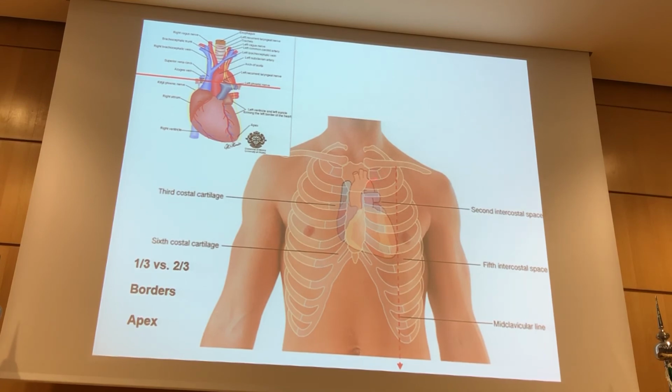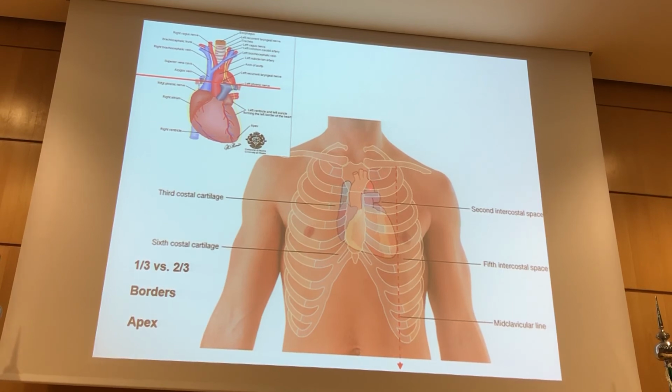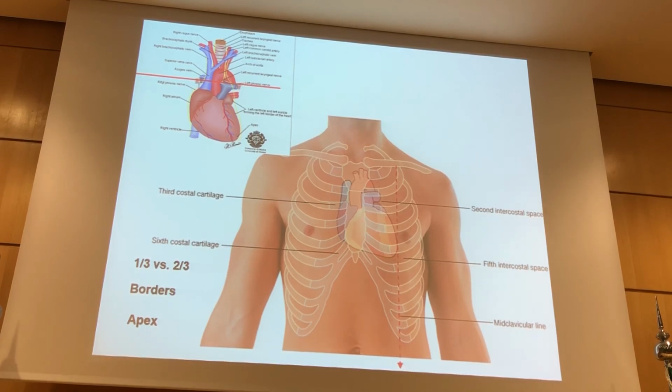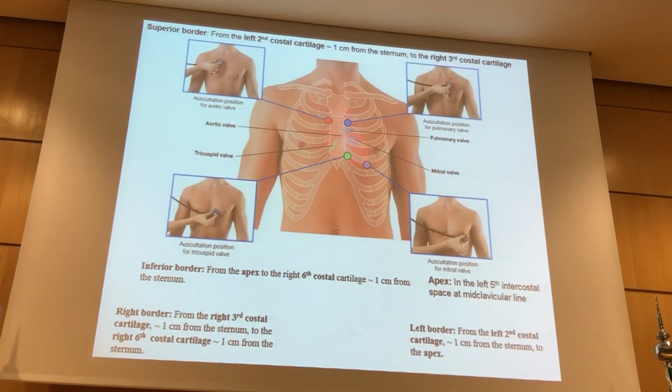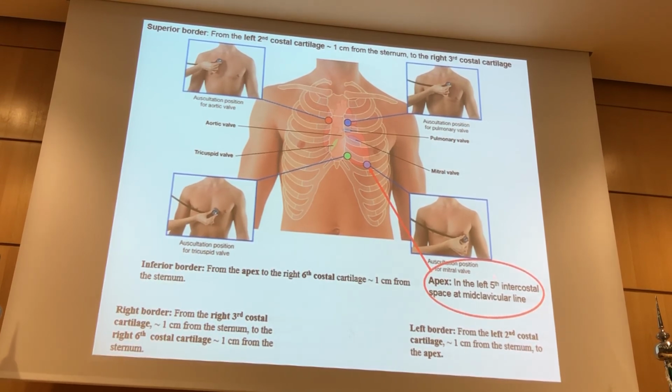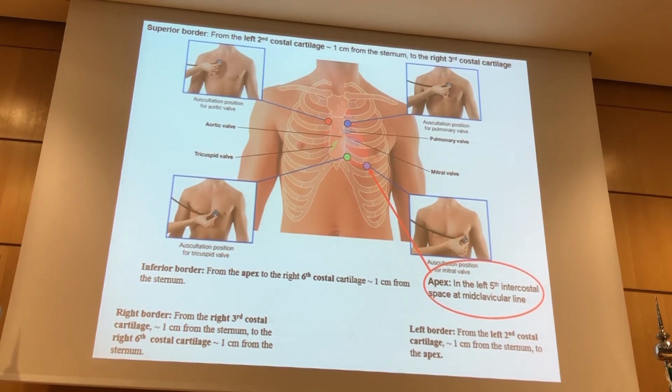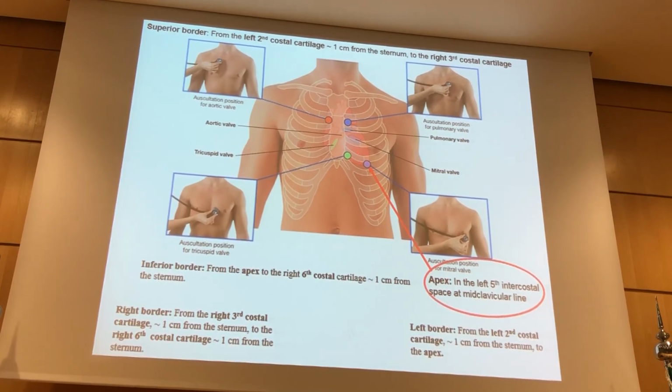This is the second, this is the third, the fourth, fifth, and so on. And the spaces between the ribs, we call them intercostal spaces. So this is the first intercostal space, this is the second intercostal space, this is the third intercostal space. Now remember, the heart is pyramidal in shape. It has a base and has the apex. The apex of the heart is located here at the left fifth intercostal space at the mid-clavicular line.